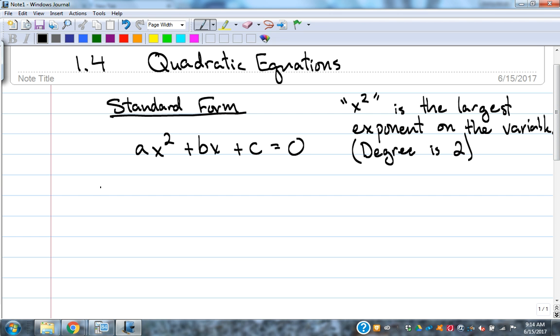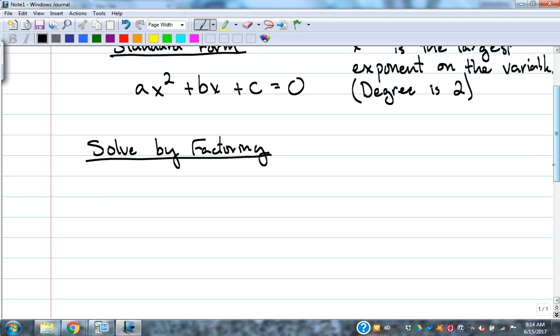So the first method we're going to use is the one that we learned on Tuesday, and that's factoring. So we're going to solve by factoring. Let's review quickly the factoring rules. The first thing we wanted is descending order.